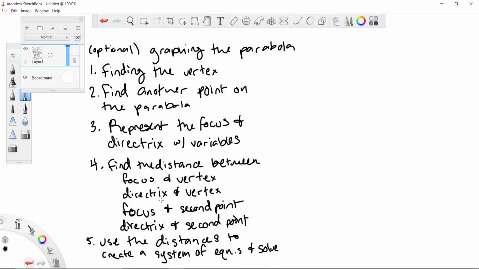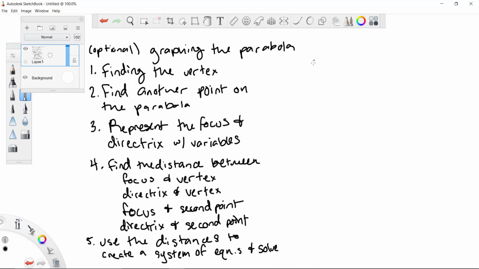So that was the steps or the process of finding the focus and the directrix given just the equation of a parabola. Those would be some steps you can take to do that.